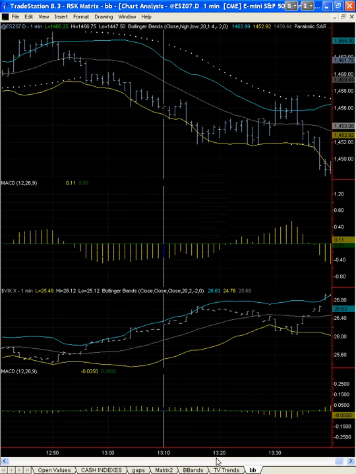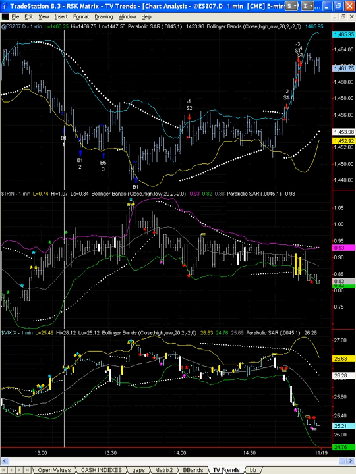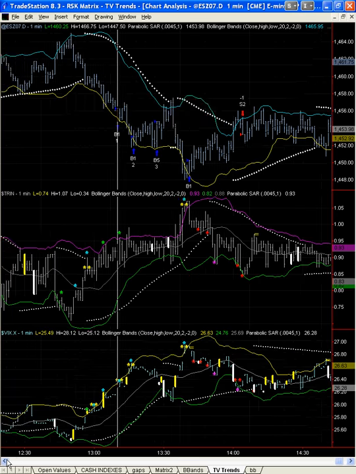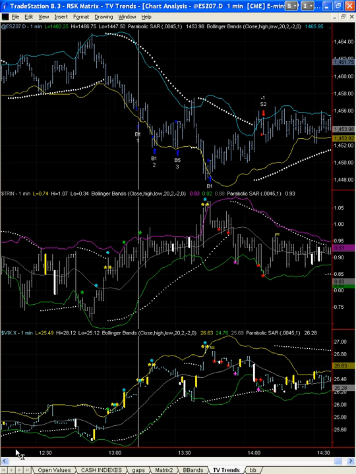You see these yellow double asterisks? The yellow double asterisks are generally the point at which the market turns. We don't have a double asterisk here.